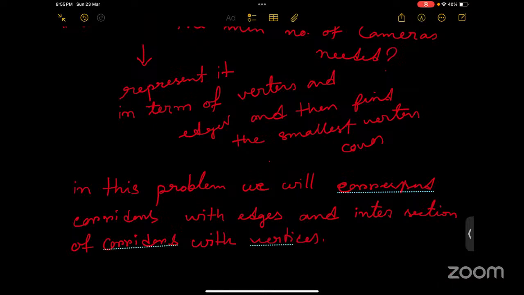Okay, is it clear? That is the vertex cover and the type of problem we can solve using the smallest vertex cover. Is it clear to all of you?